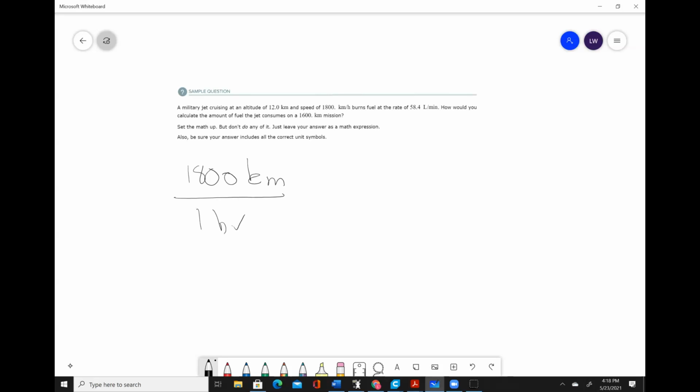It says that I travel 1,800 kilometers every 1 hour, or alternatively, in 1 hour, I travel 1,800 kilometers. And then it says I'm going to burn fuel at a rate of 58.4 liters per minute.